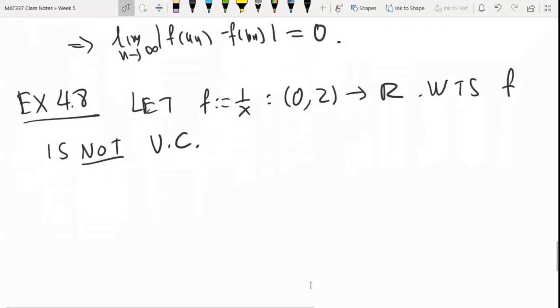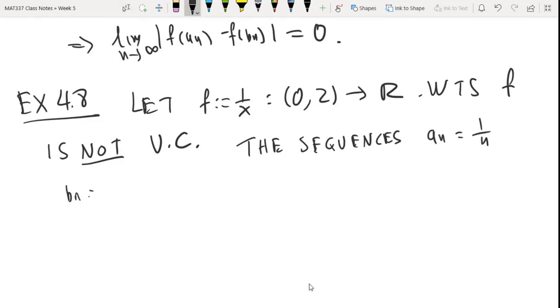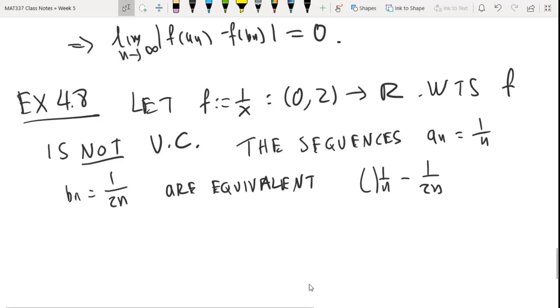So we just have to be smart with our sequence. The sequences an equals 1 over n and bn equals 1 over 2n are equivalent. Indeed, 1 over n minus 1 over 2n goes to 0.